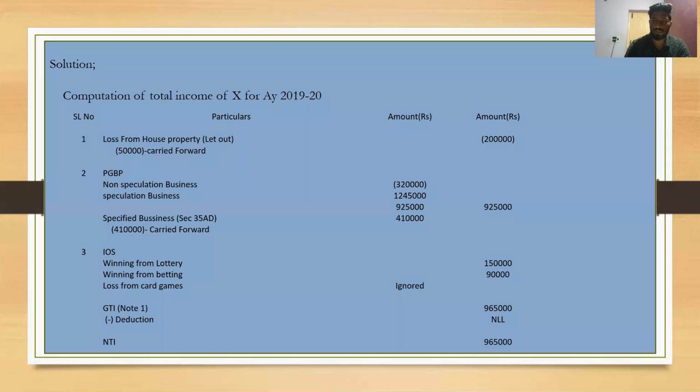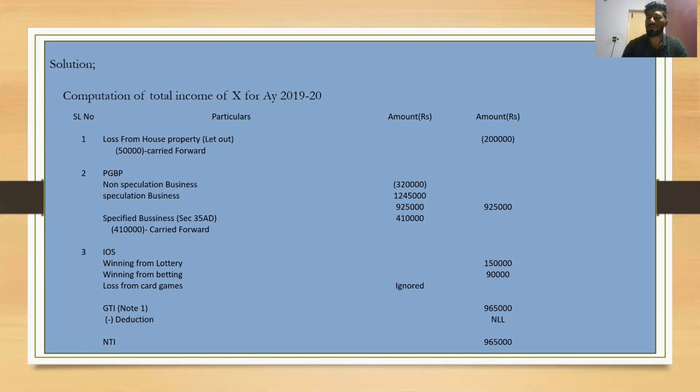You can see here I have written only 2 lakh. I already told you in the previous session, when you are adjusting house property losses against other heads of income, we are only supposed to set off up to rupees 2 lakh, not exceeding 2 lakh rupees.